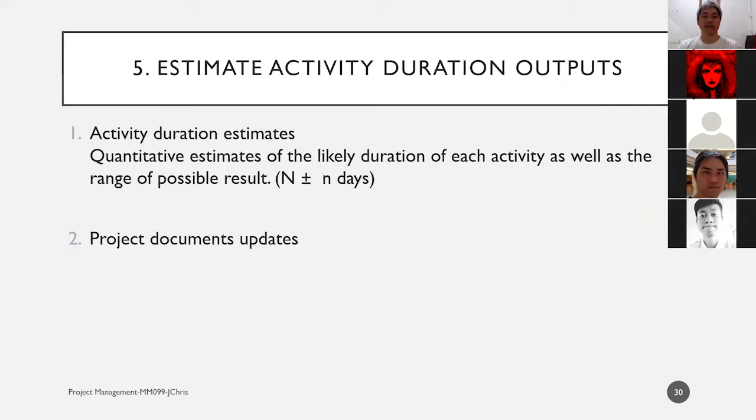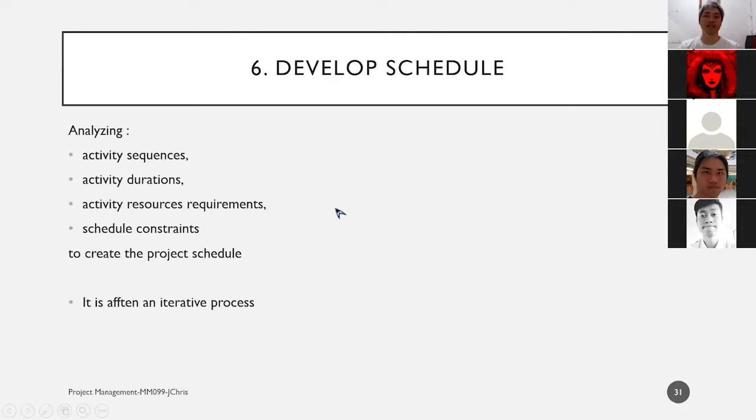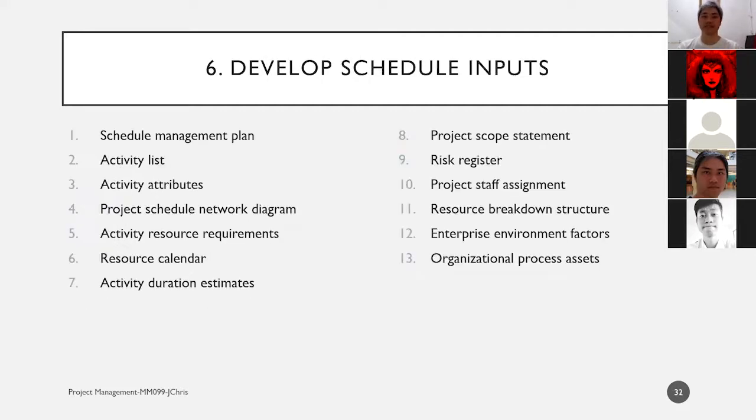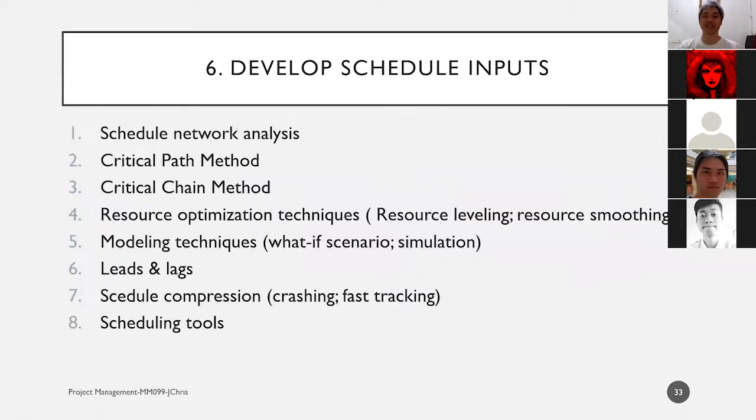Okay. So after using PERT, we create the activity duration estimate, a number of days, weeks, or months. In the end, number 6 is to develop the schedule. We know the starting dates, the end dates, the sequences, the durations, and the constraints. So we create a more detailed schedule using all the beforehand documents: activity lists, attributes, resources, calendars, maybe holiday dates, and so on.